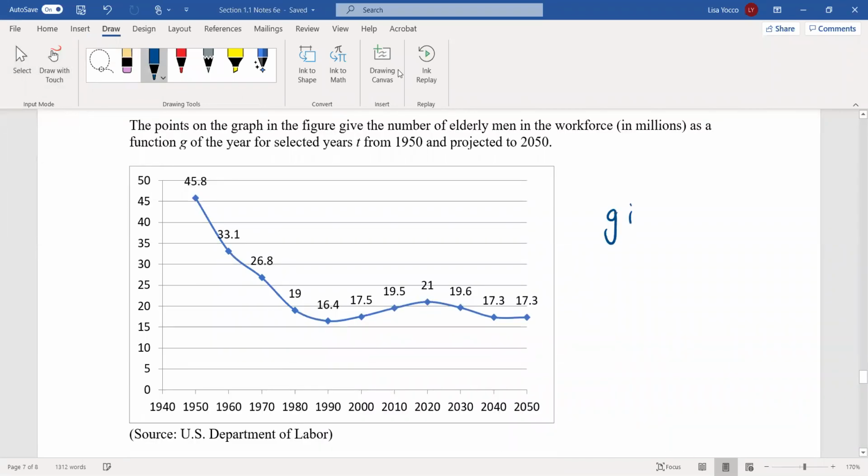G is a function of T, I'm sorry. T is the year, G is the number of elderly men in millions, okay?